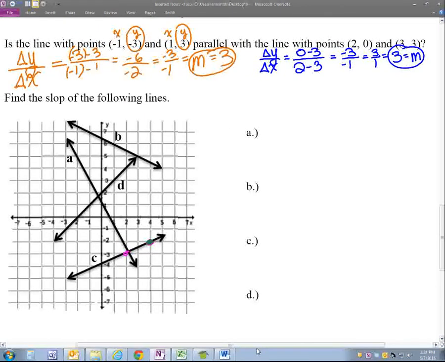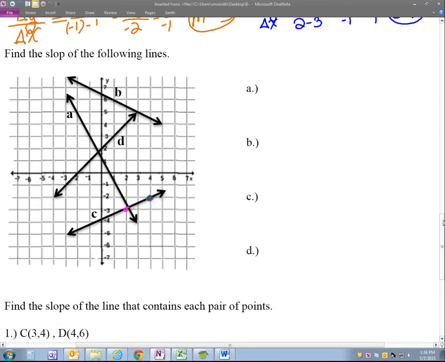Now, here is one, this is the majority of your homework, just like this. Okay? So we're going to do it mathematically. Earlier Eric asked me, can we choose any point on those lines? The only requirement is that it is a point where there's a perfect intersection where the line goes through.